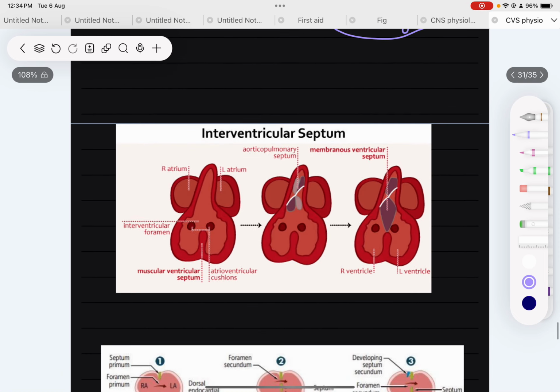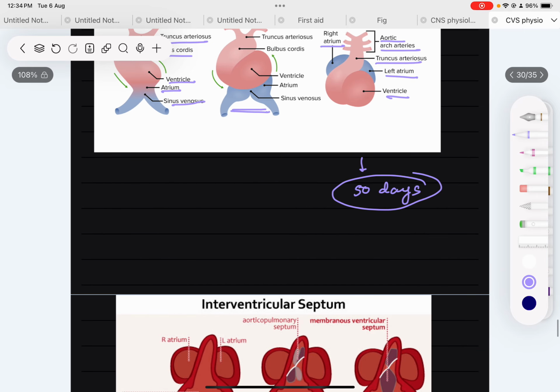So this will be like this. Now the structures which are developing are what we have to learn.